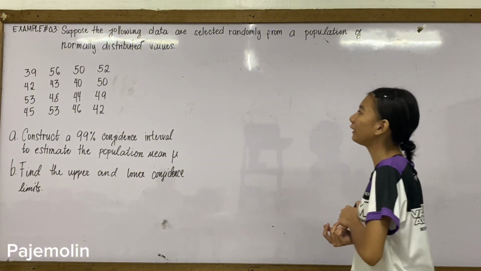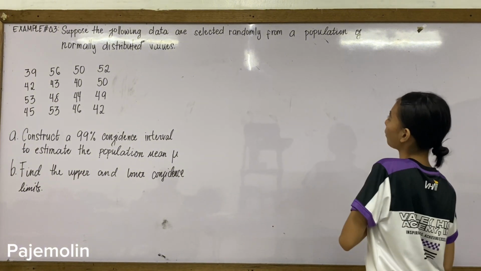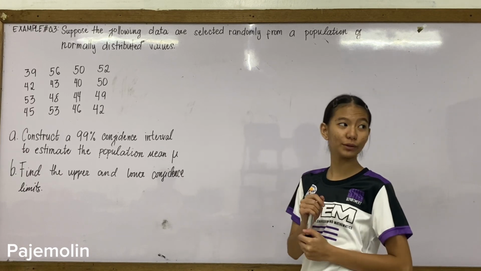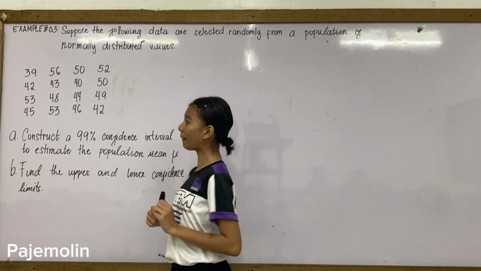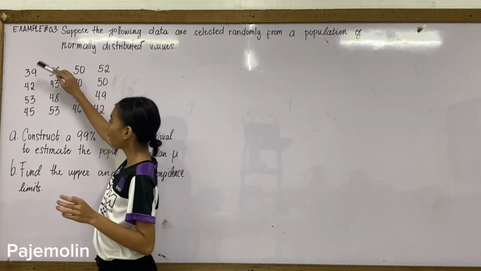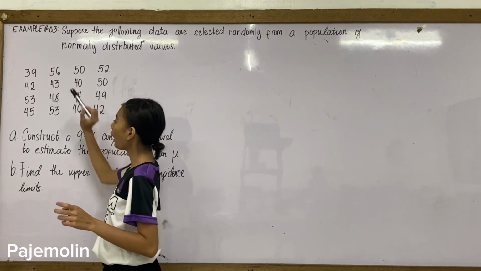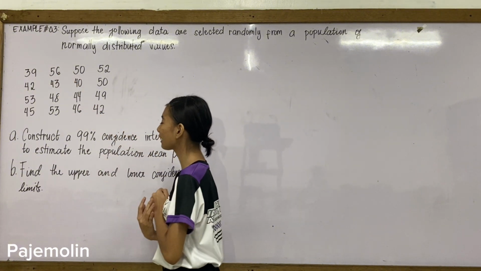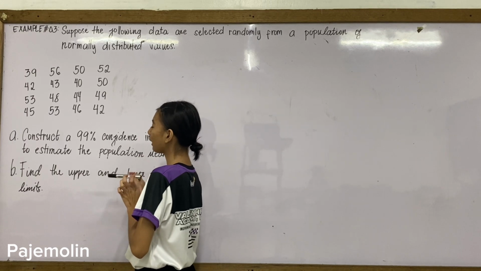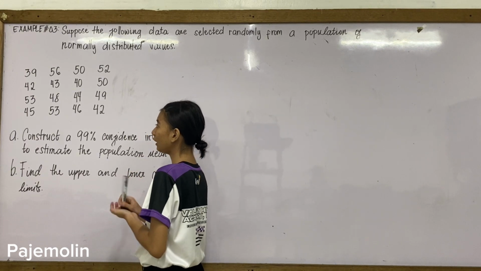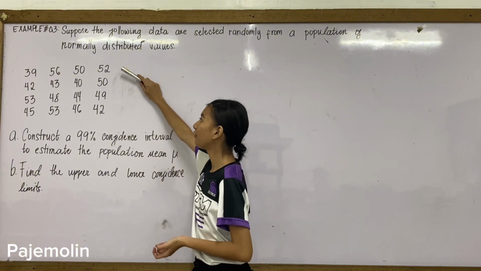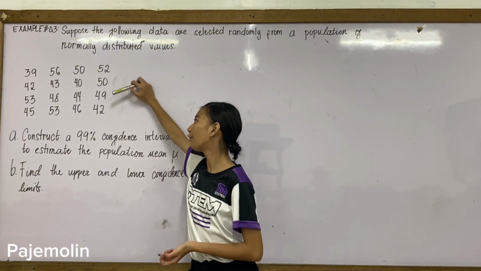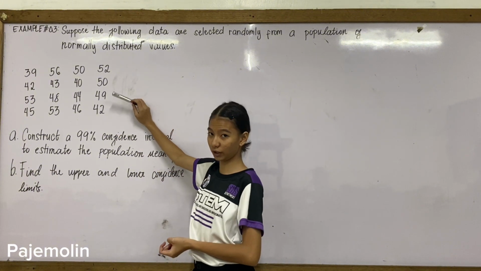Suppose the following data are selected randomly from a population of normally distributed values. So here we have our samples 39, 42, 53, 45, 56, 43, 48, 53, 50, 40, 44, 46, 52, 50, 49, and 42.